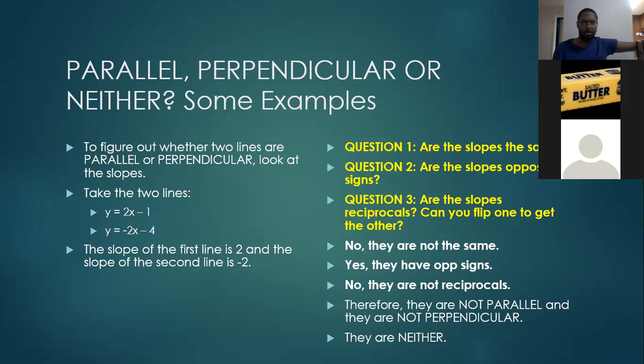So if they're not parallel and they're not perpendicular, then I guess they're nothing. So our answer would be neither, because they're not parallel and they're not perpendicular, therefore they're neither.